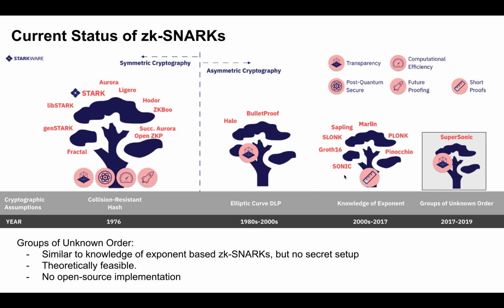Such a construction aims to get rid of the secret setup phase. However, this construction is only theoretically feasible so far, and there's no open source implementation for now, so it's hard to see whether it's practical in production use.